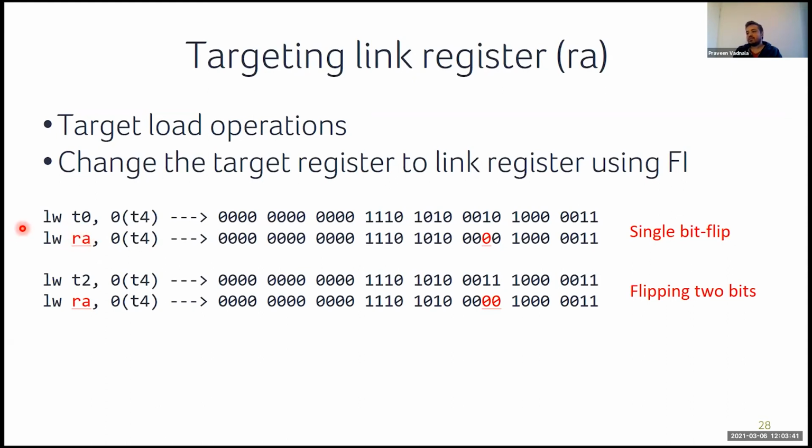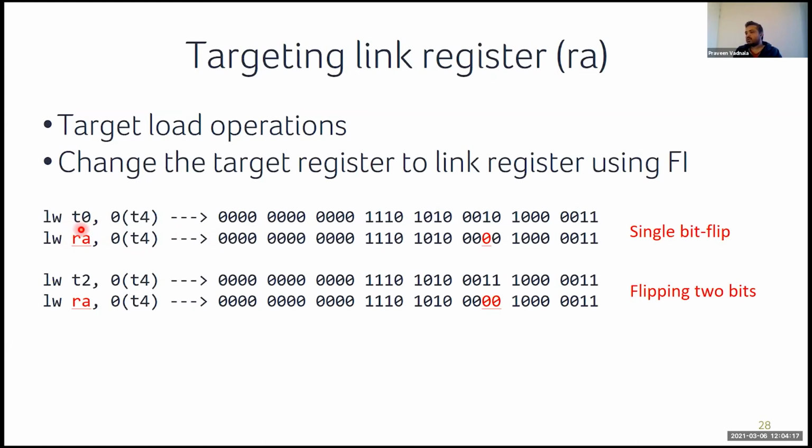If you take any disassembly of a simple memcopy operation, you would see a bunch of loads from memory into registers. This is a temp register T0, loading from the memory address stored in T4 into T0. So this is a simple load. Now the idea is that we want to change this T0 to RA.